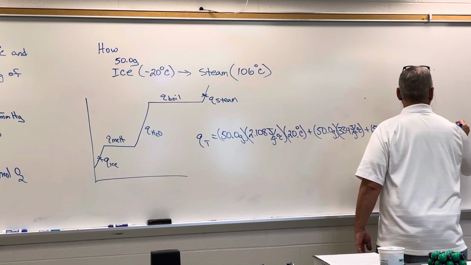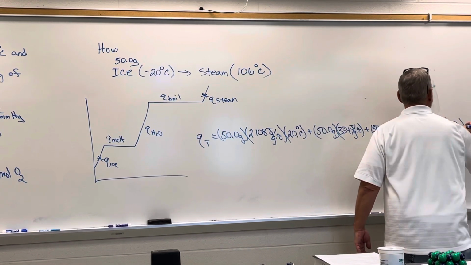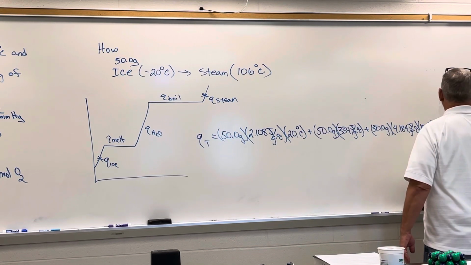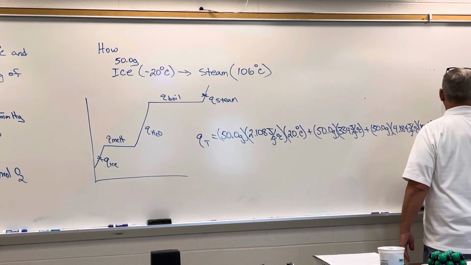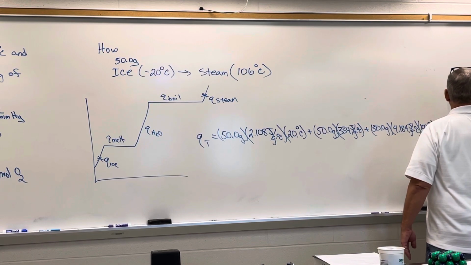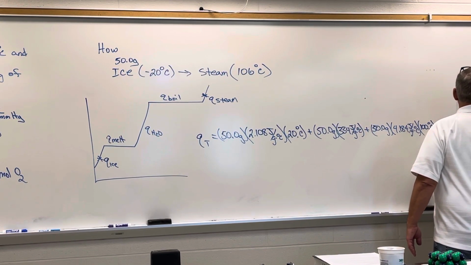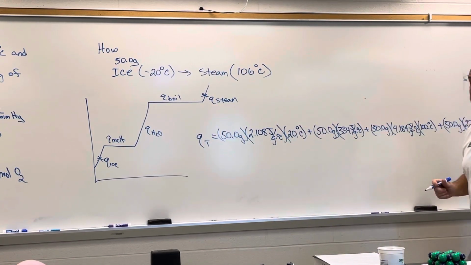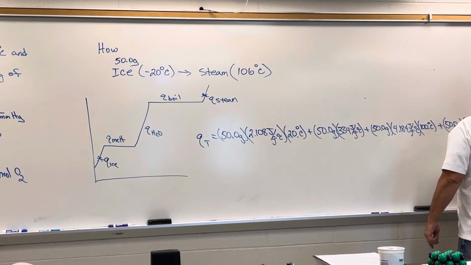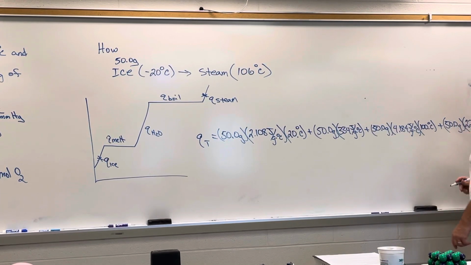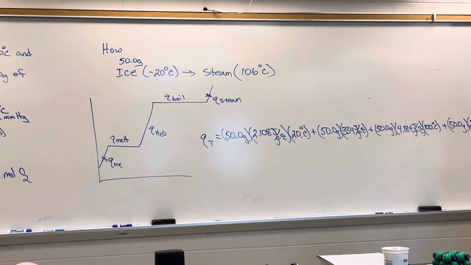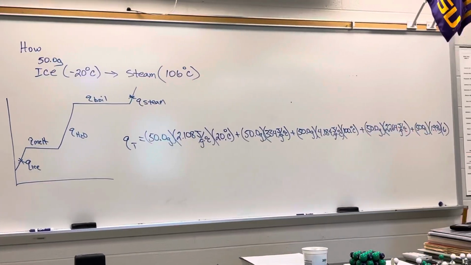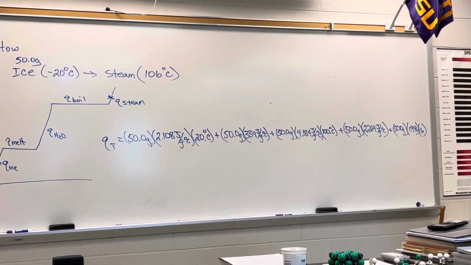Plus the 50 grams times your heat of vaporization, 2264. Plus 50 grams times the specific heat of steam, which is 1.996. And what's my change in temperature going to be? It's just 6 degrees. It's going from 100, so it's times 6. Multiply all that out, add it up. Okay?